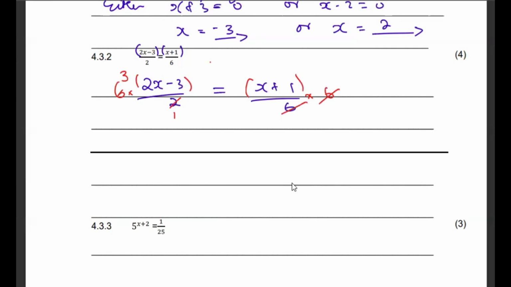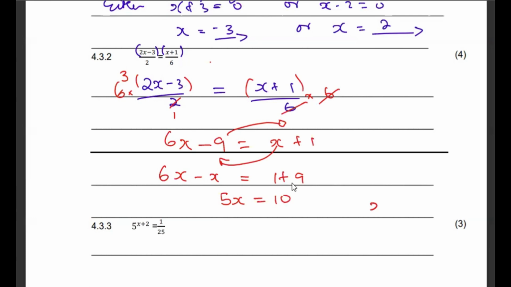Let's open up now. So 6x minus 9 is equal to x plus 1. I'm going to move the 9 to that side and the x to that side. So 6x minus x is equal to 1 plus 9. Then 5x is equal to 10. Then divide both sides by 5. Then x becomes 2.